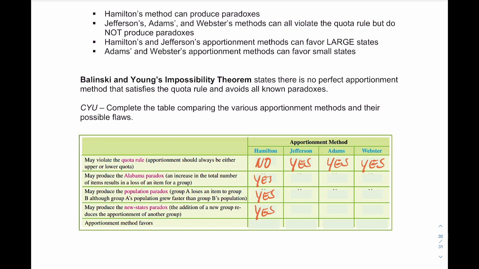And we said that Hamilton's can favor large states, and that also goes for Jefferson. They both favor large states.